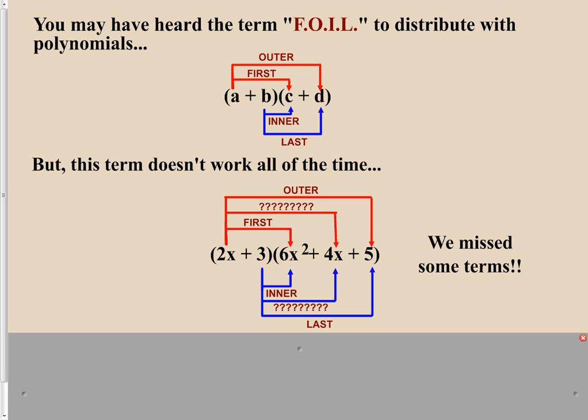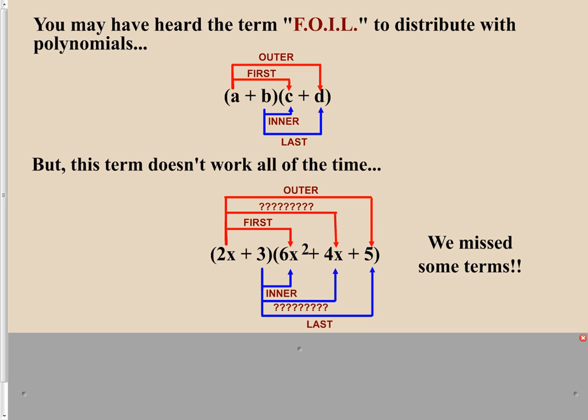You do have a place where first terms multiply and the outer terms multiply and the inner and the last. But as you can see, a couple of those bridges are not getting multiplied times each other. That means that not all of the terms hit all of the other terms.